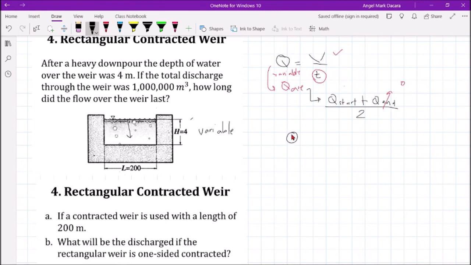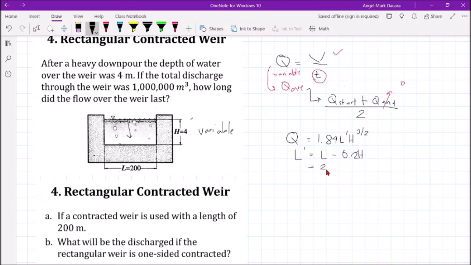Kapag contracted Weir, ginagamit natin is Francis formula, which is Q equals 1.84 L prime times H raised to 3/2. Okay? Since this is a regular or two-side contracted Weir, L prime is equal to L minus 0.2 H. Okay?